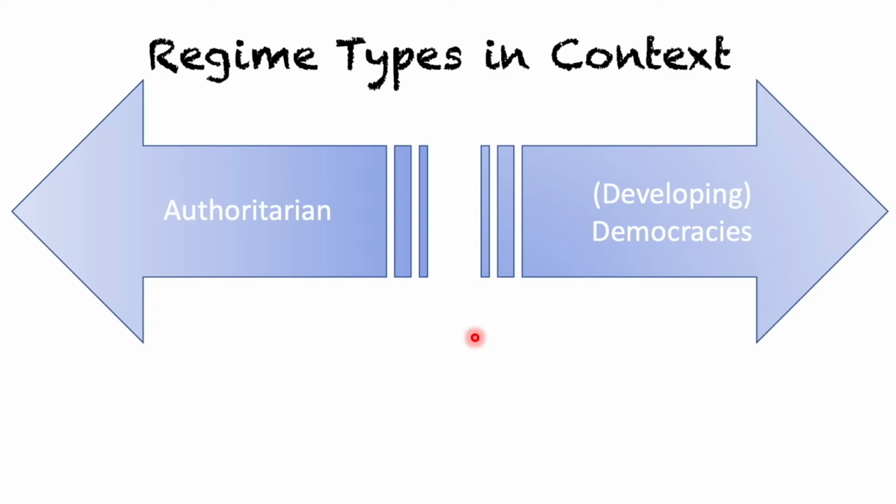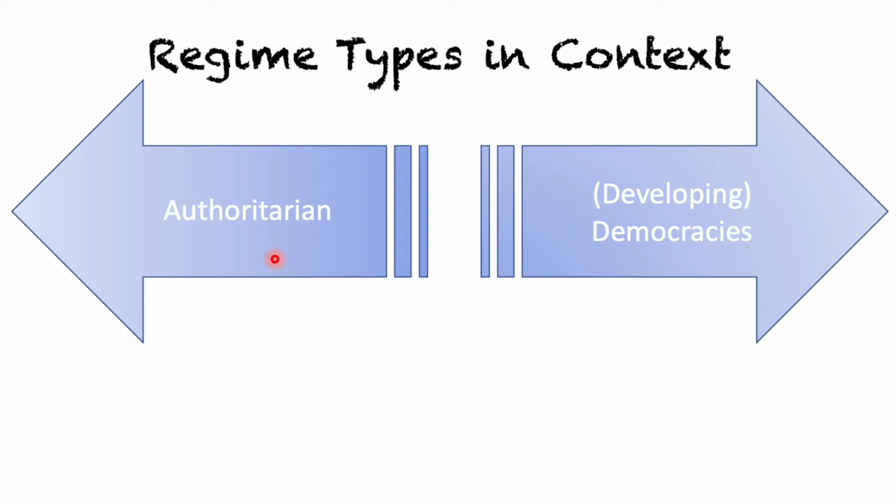Or more radically, when there are revolutions, we might see an entire switch from one regime type to the other. For example, revolutions that replace authoritarian regimes with democratic regimes, or we'll often see military coups that may replace any regime type with an authoritarian military regime.